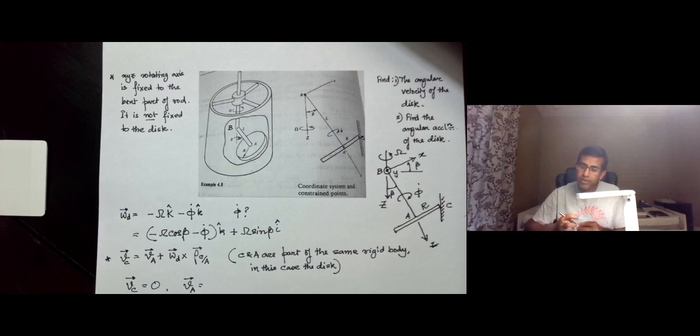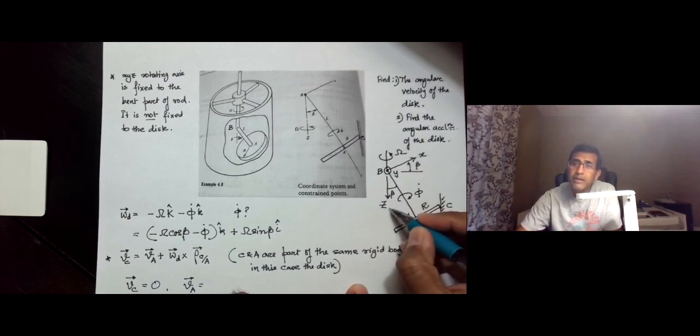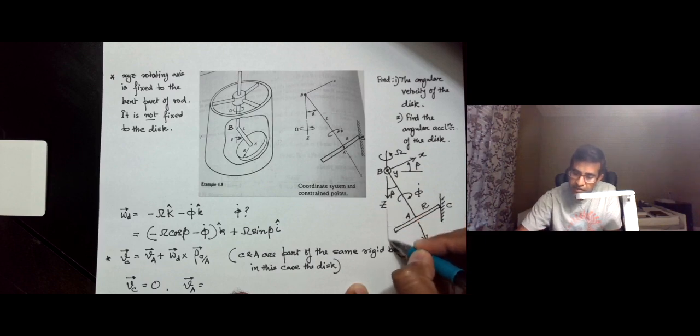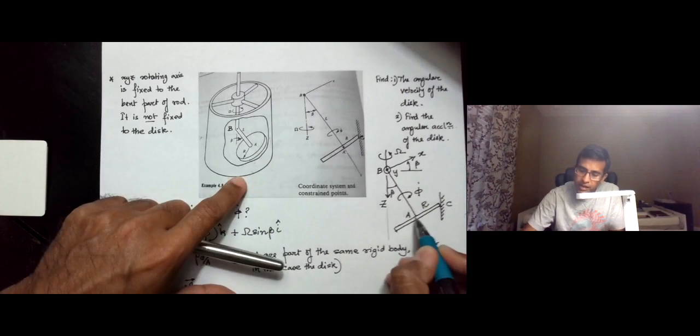That velocity is given by the angular velocity times the perpendicular distance of A from this vertical axis, because A is just going in a circle.